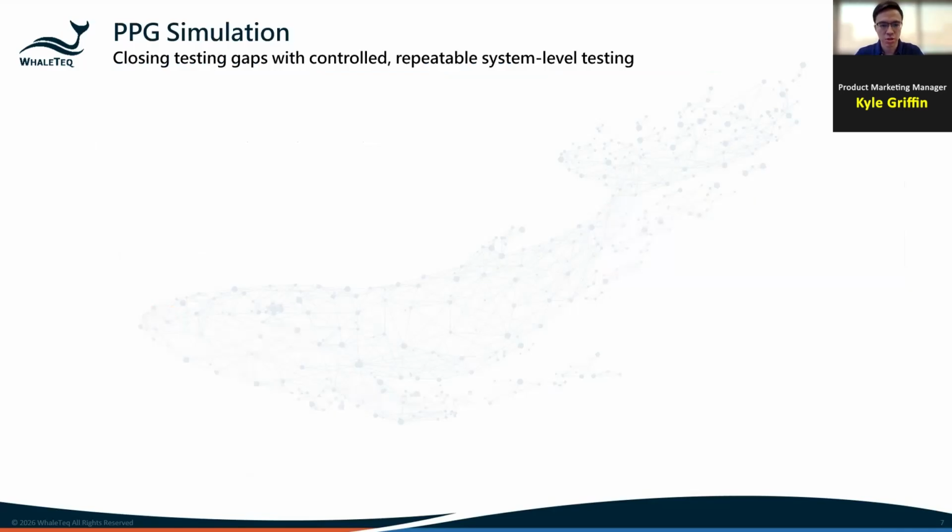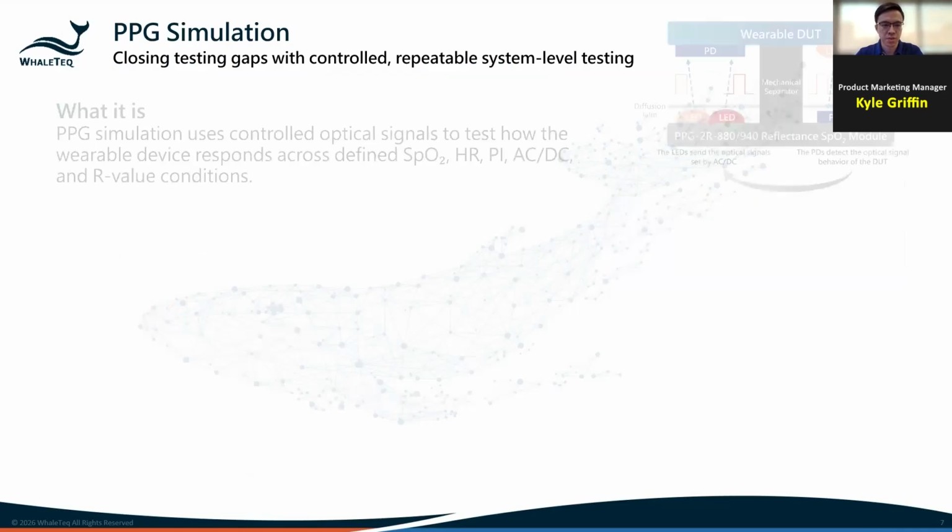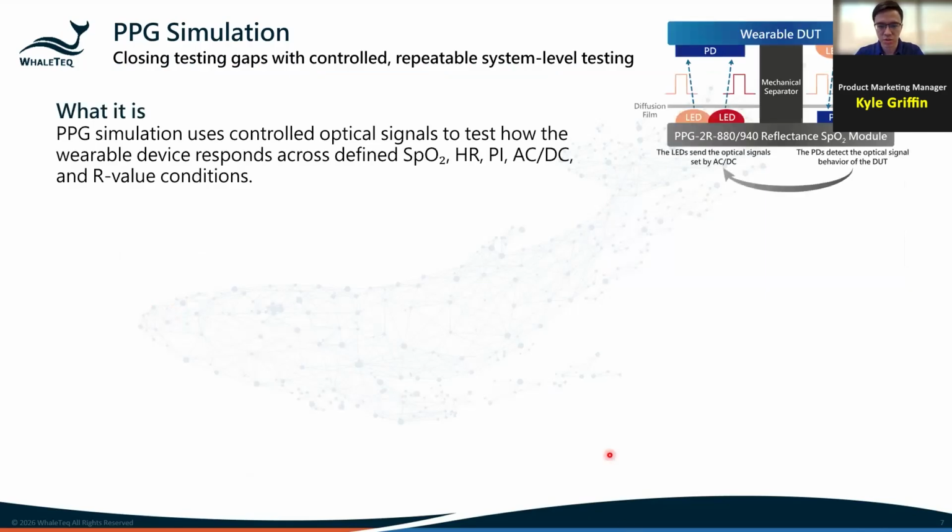Our solution, PPG Simulation, helps close the gap with controlled, repeatable system-level testing. PPG Simulation uses controlled optical signals to test how the wearable device responds across defined SpO₂, heart rate, PI, AC/DC, and R value conditions. Here's a simple diagram: on the top would be your DUT, and on the bottom is our simulator.